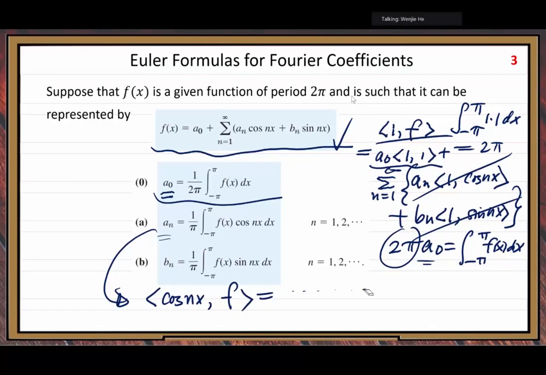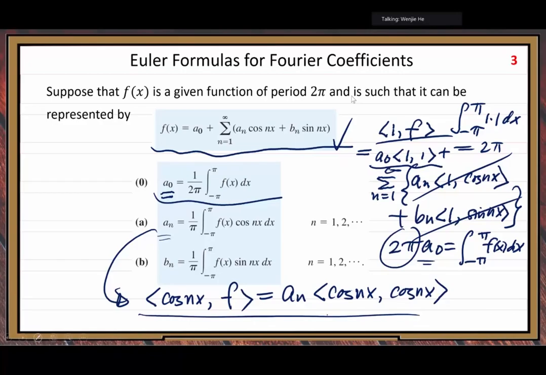Everything else is gone, you only have An times the inner product of cosine nx with cosine nx. That inner product equals pi.